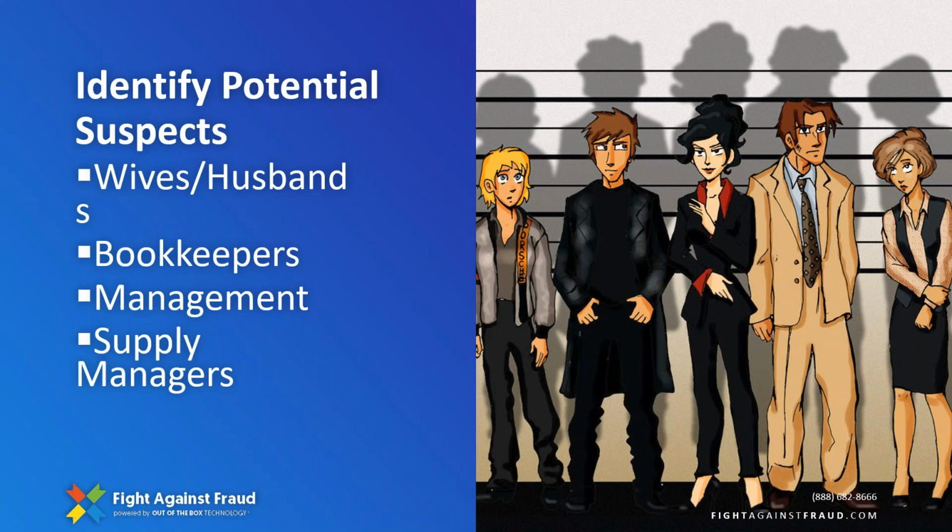Supply managers, this is another really fun one. We've seen a case where a supply manager was handling all of the inventory, so they were the people we order from. The suppliers' salespeople come in and work with the inventory manager, the purchase agent, whoever is in charge of that, and they make a little deal. Hey, listen, I'm going to order this much stuff, but I want you to charge me a little more.